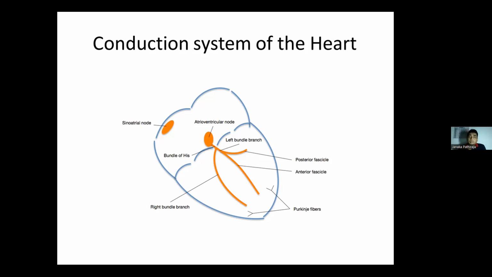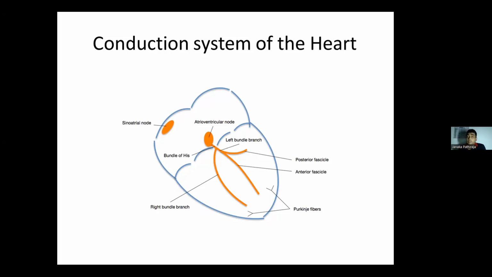So the natural pacemaker of the heart is the sinoatrial node. If the conduction system is working well, the sinoatrial node is the structure which controls the heart rate and rhythm. If there's any problem in the SA node, sometimes other areas of the heart can take over the function of the SA node.